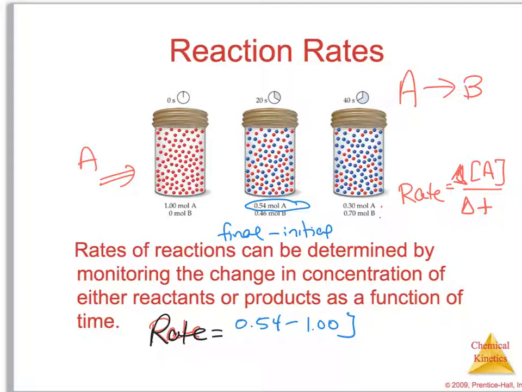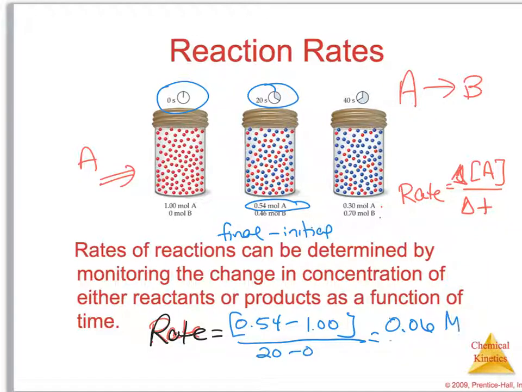That's our change in concentration of A. And the time would be 20 seconds minus 0. So 20 minus 0. So we find that our rate is 0.46 M over 20 seconds. And if we simplify that, we find that our rate is equal to 0.023 M over s.